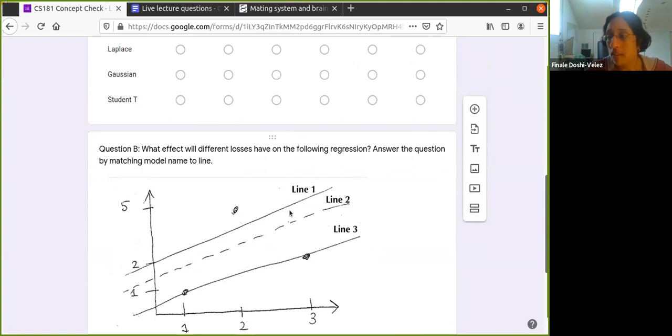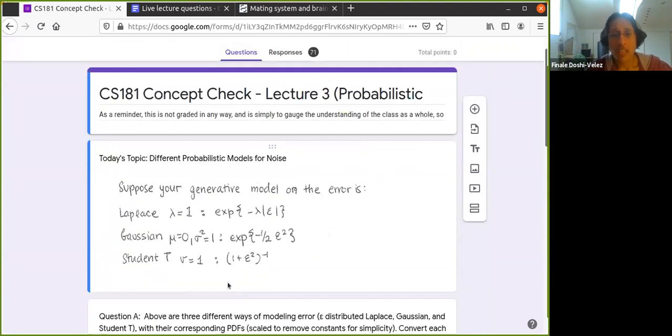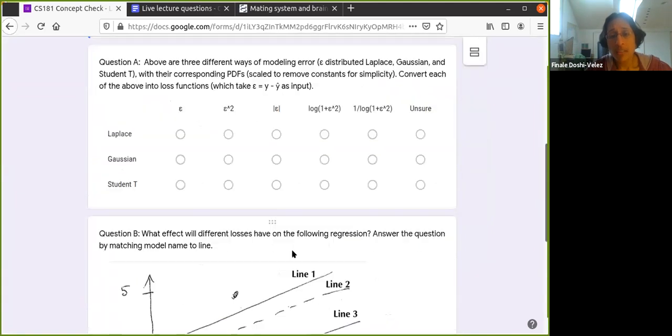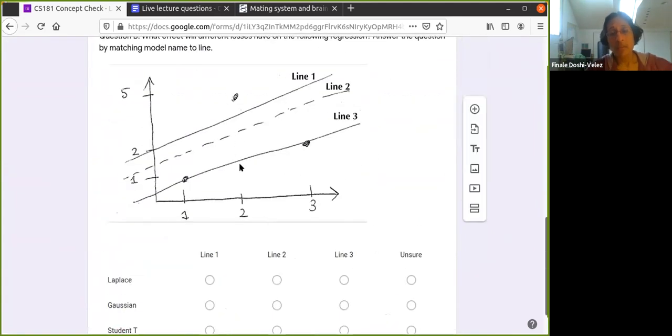So line number 1 is our Gaussian. In comparison, line number 3 is getting 2 points exactly right. Those are going to have error 0. And then the last one is going to have some amount of error. But let's imagine moving away from the line going between these 2 points in line 3. If we move up a little bit, we're going to be collecting 2 errors, and we're only going to be reducing 1.